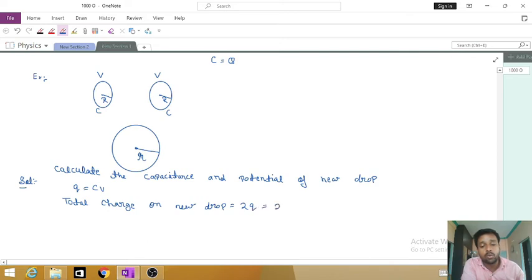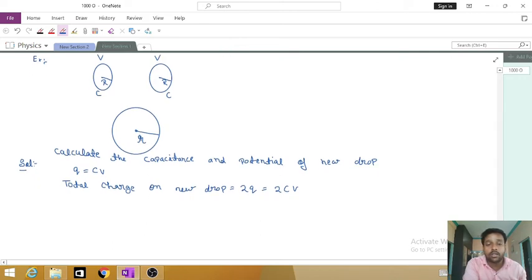So the total charge is 2Q equal to 2CV. Now in the question they are asking for the capacitance.